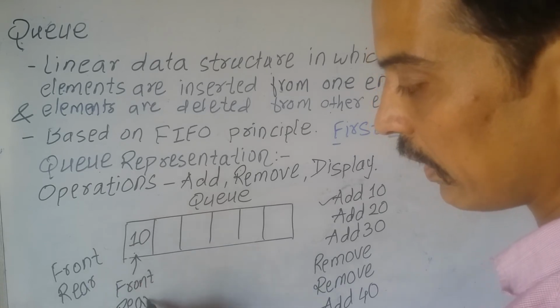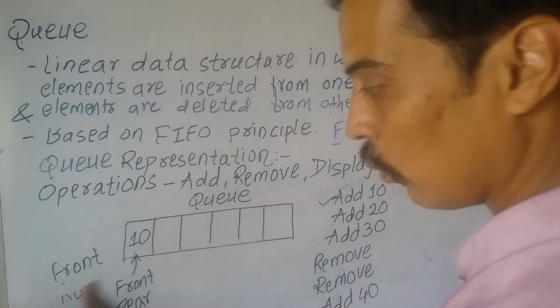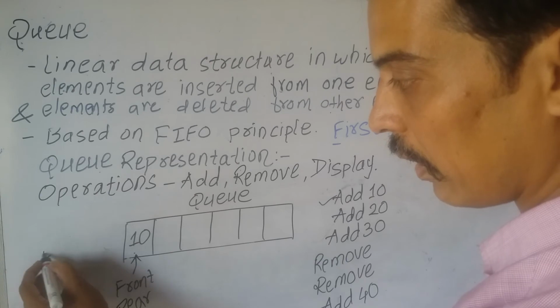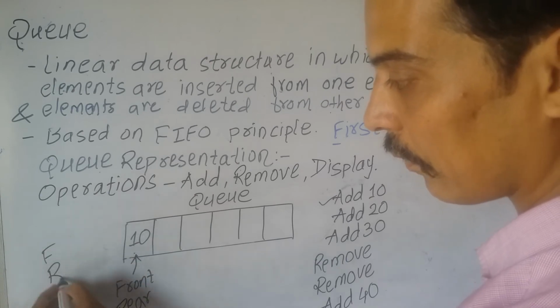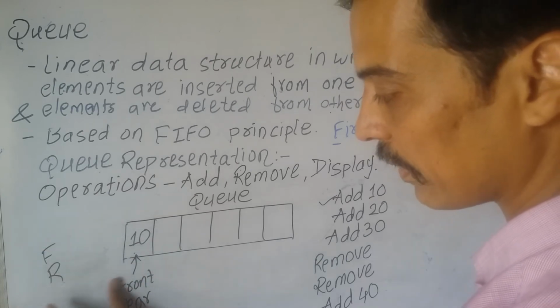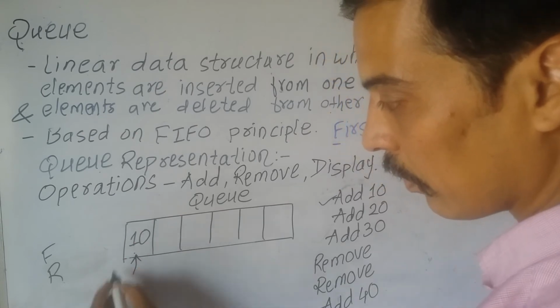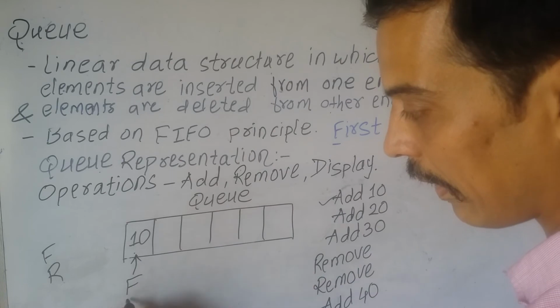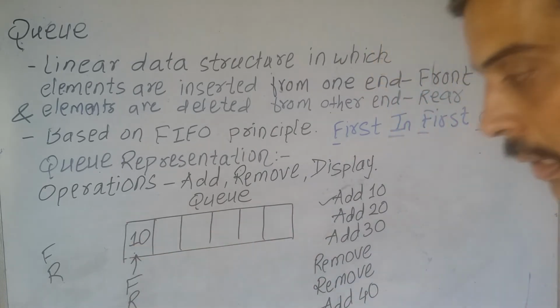Since there is only one element present in the queue right now, I will show F for front and R for rear, clearly, for simplicity.